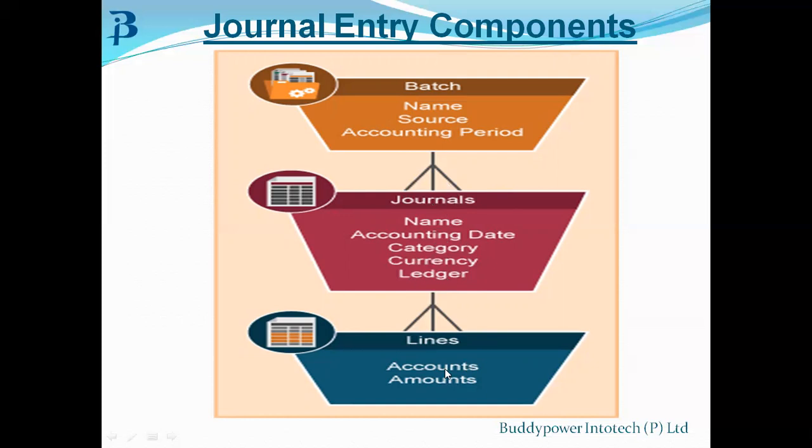And the third component is the line. The line requires accounts and amounts. If you remember, sir showed the journal entry posting. Sir, you have shown the journal entry posting, no sir?